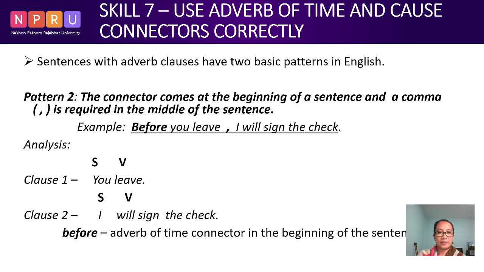So let's analyze. Before you leave, I will sign the check. You, subject, leave is the verb in clause 1. In clause 2, I is the subject, will sign is the verb. So before, an adverb of time connector, is found where? At the beginning of the sentence. Before you leave, comma, I will sign the check.